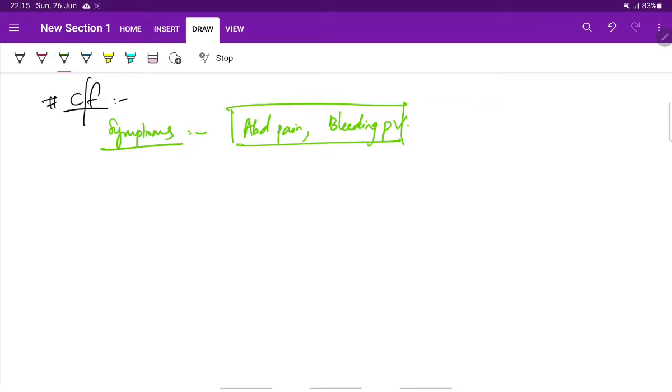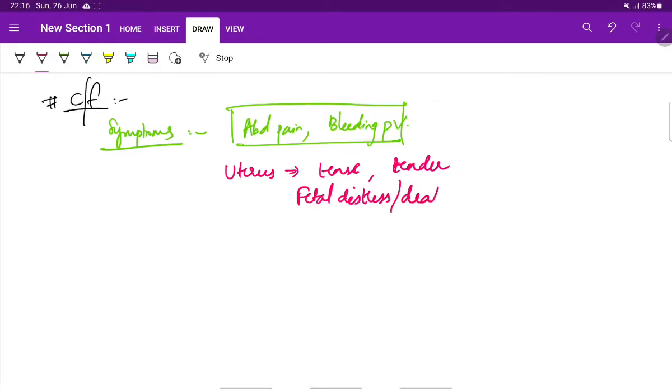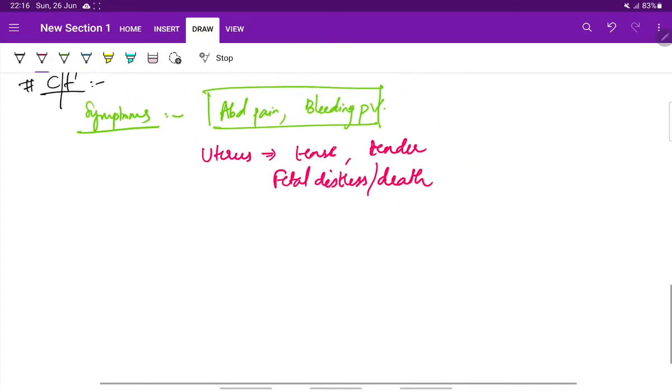There will be bleeding per vaginum associated with abdominal pain, and the uterus is tense and tender. Whereas in case of placenta previa, the uterus was relaxed and it was not tender. And there could be fetal distress or even death of the fetus can occur.